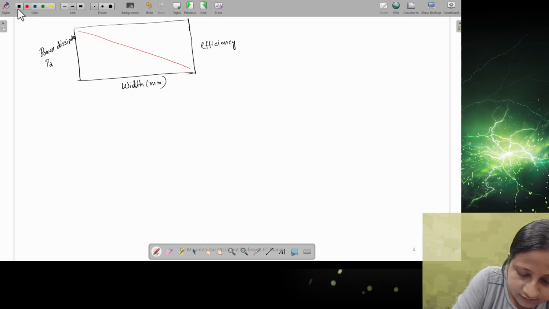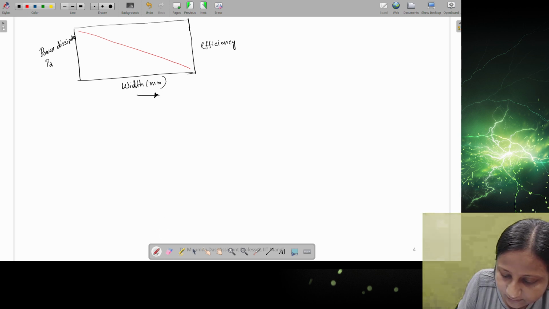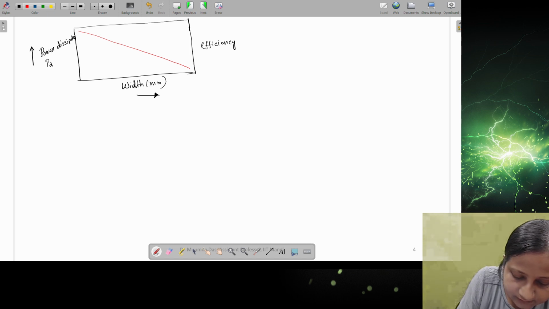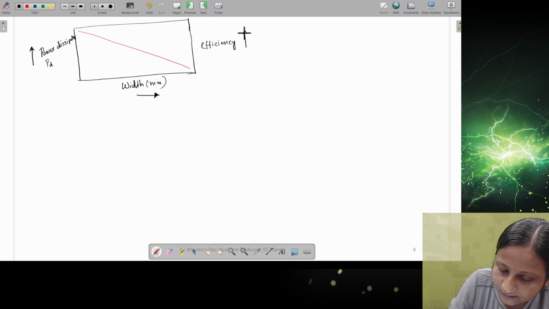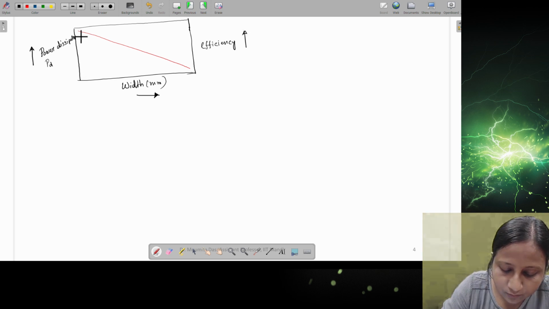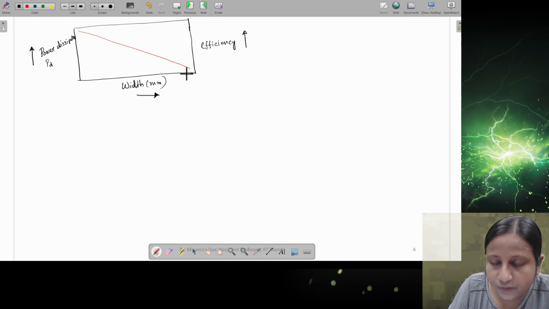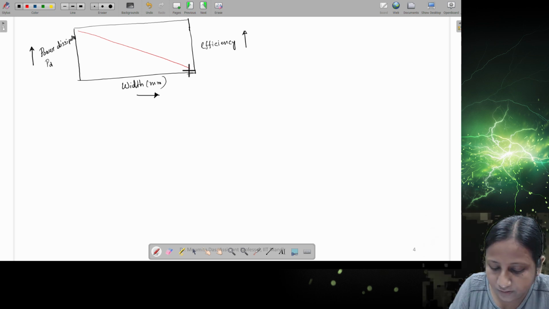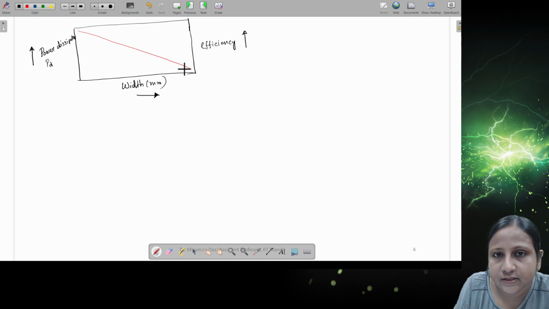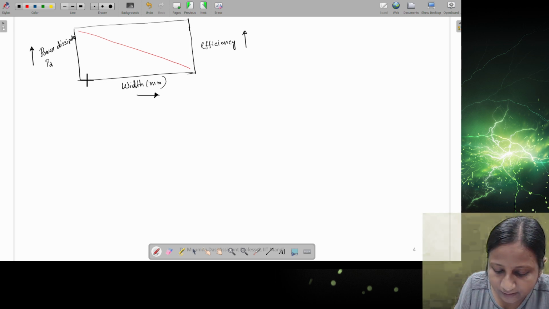If width is very less, then power dissipation PD is maximum, meaning the heat is not dissipated. If width is more, then the power dissipation will be less, and you can see here the power dissipation is very less.